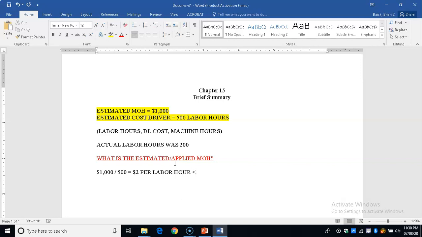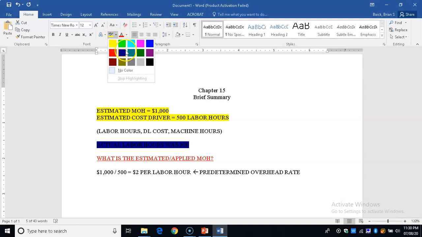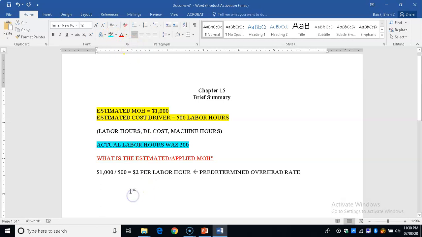Okay, so this is called a predetermined overhead rate. We figure this out at the very beginning, and then during the year, how many labor hours did we actually have? We actually had 200 labor hours. So what is the manufacturing overhead applied?